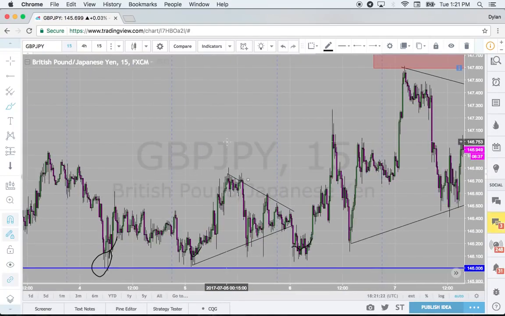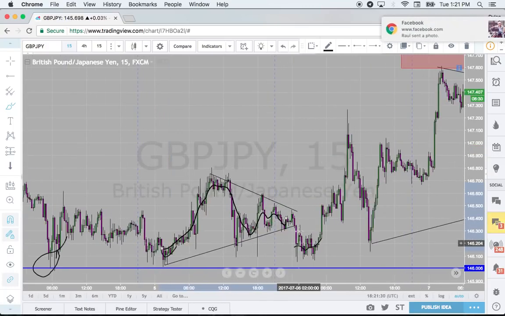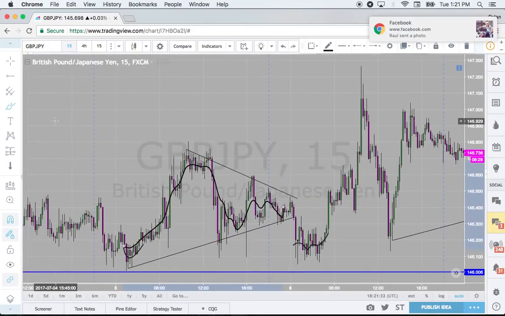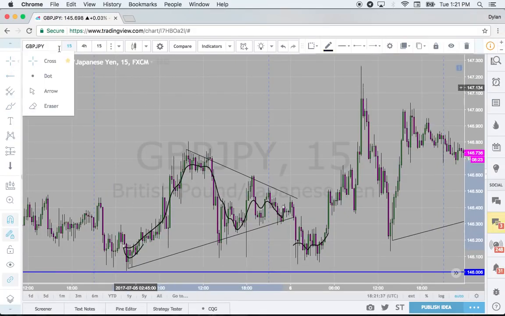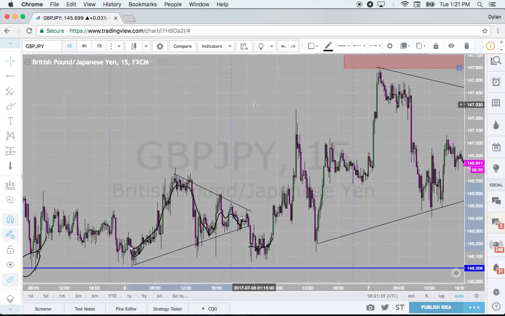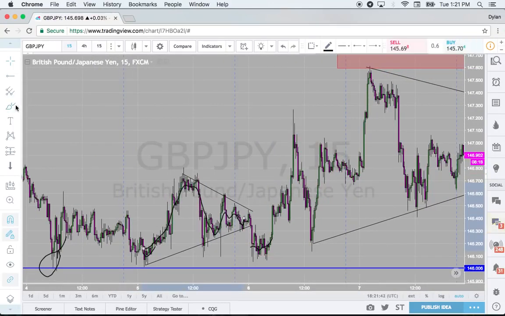Now, what we also notice is this wedge formation forming here. The squeezing point of this wedge, the tip, the cone, the point of the wedge happened in Asian session.